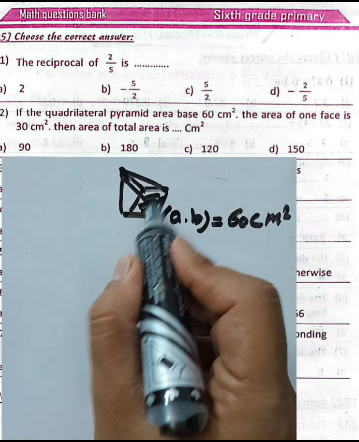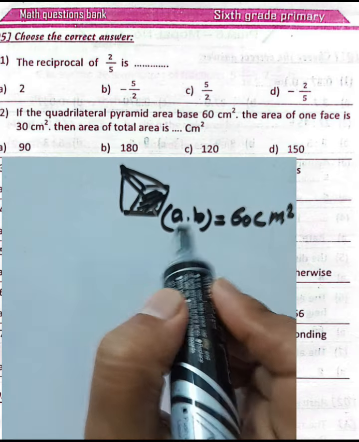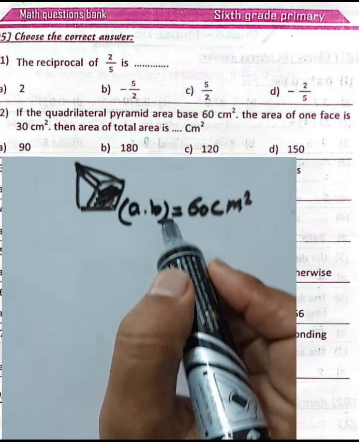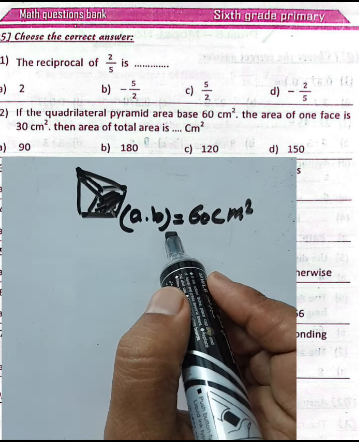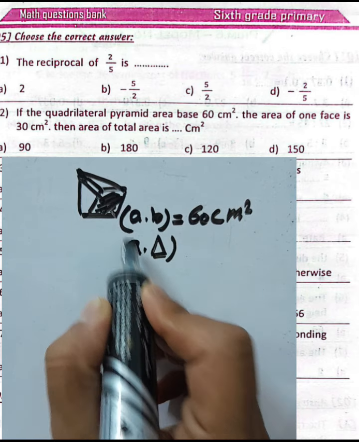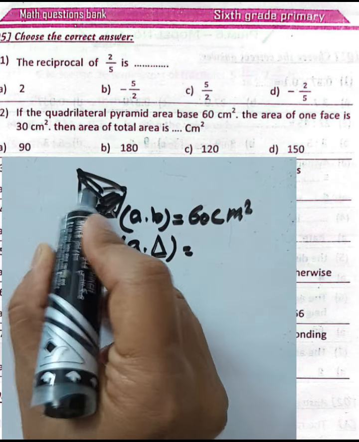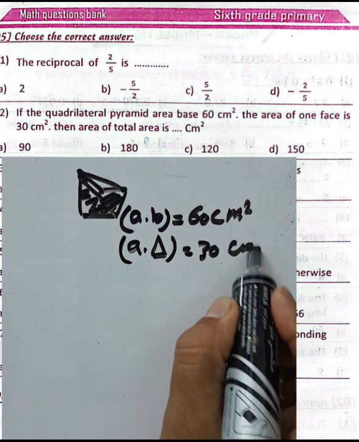We know the base of the square pyramid is a square, and the area of one face, which is a triangle, was 30 square centimeters.